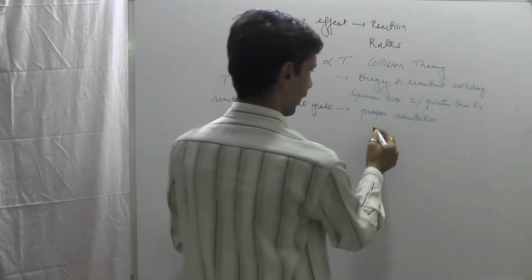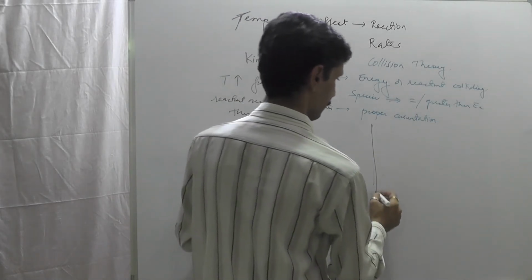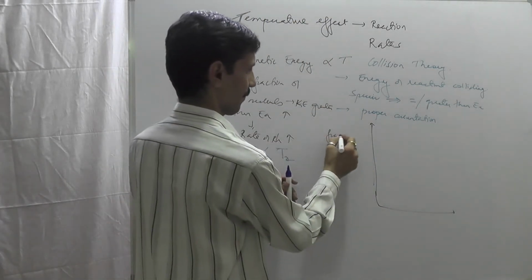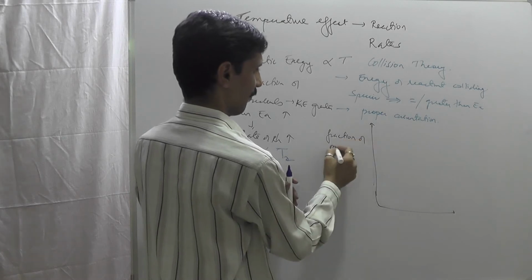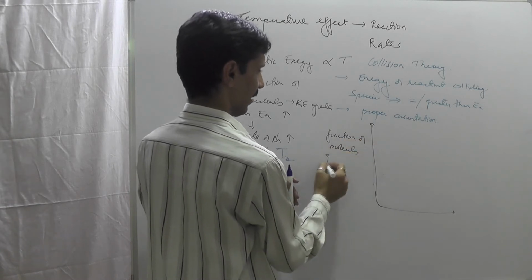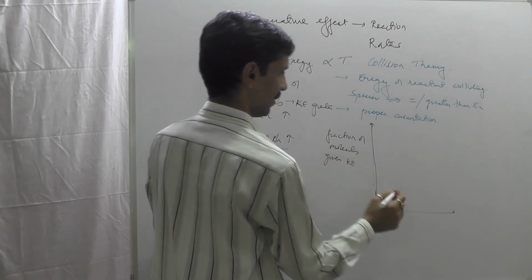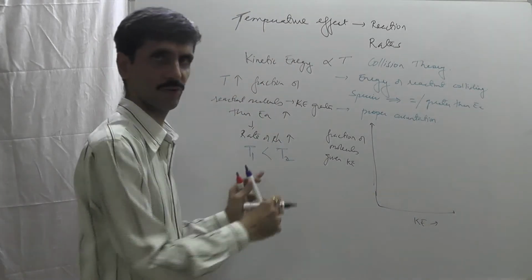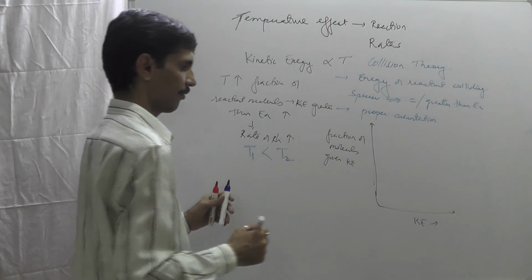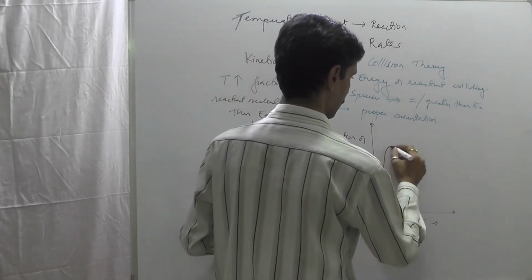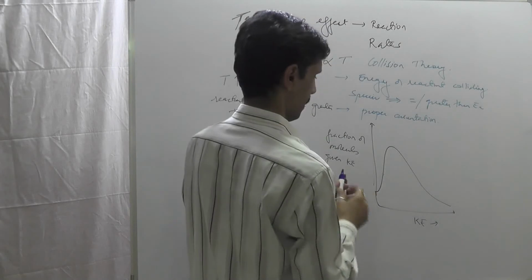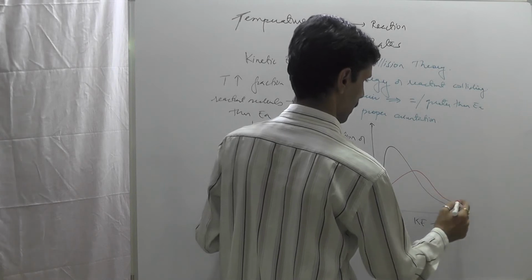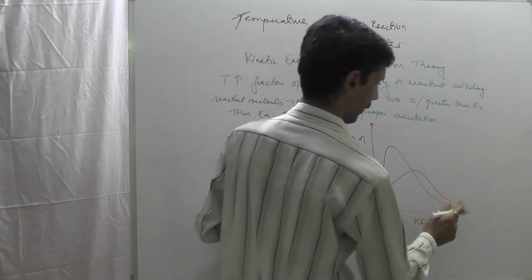Now friends, when we plot the graph, on the y-axis we are going to consider the fraction of molecules with a given kinetic energy, and here on the x-axis will come the kinetic energy at two different temperatures T1 and T2, such that T2 is greater than T1. So as a result, the graph we get will be like this. Okay, this is how we will get it.